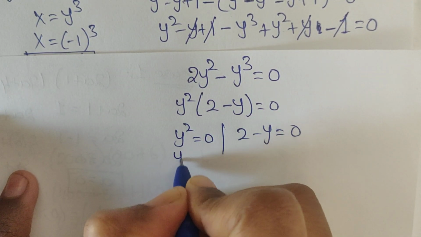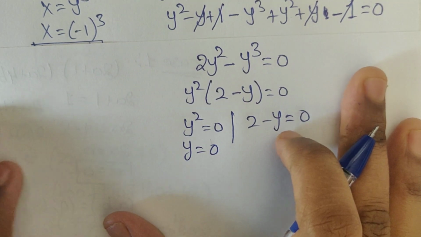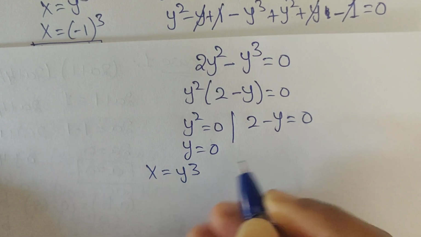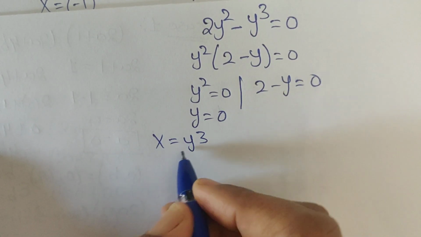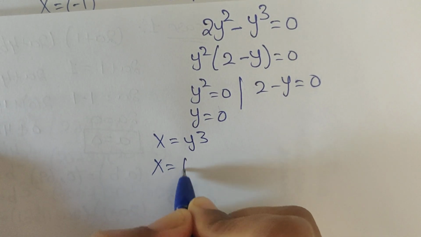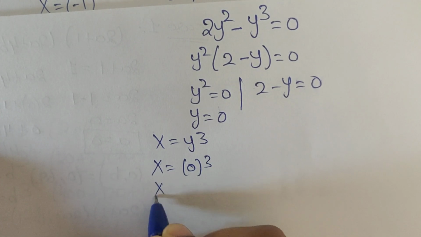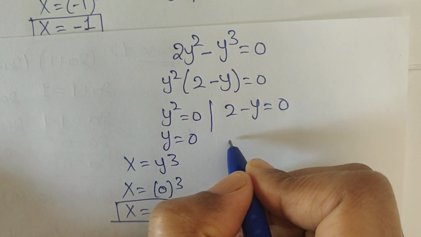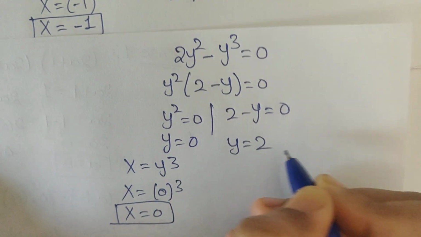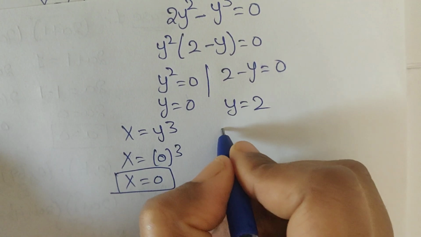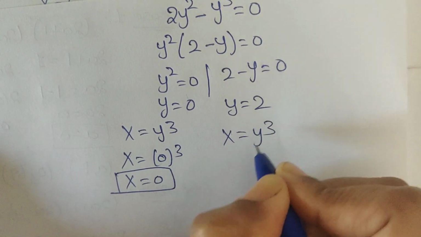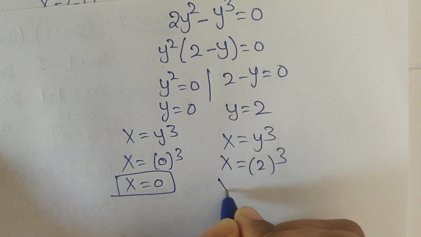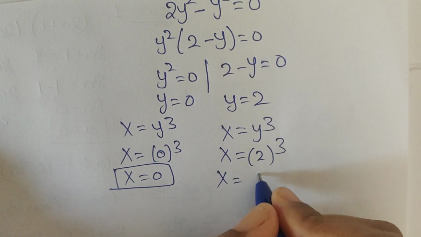So here y equal to 0. We have x equal to y cube, so just substitute the value of y in this equation. 0 cube, so x equal to 0. Then y equal to 2, so x equal to y cube, which is 2 cube, which is equal to 8.